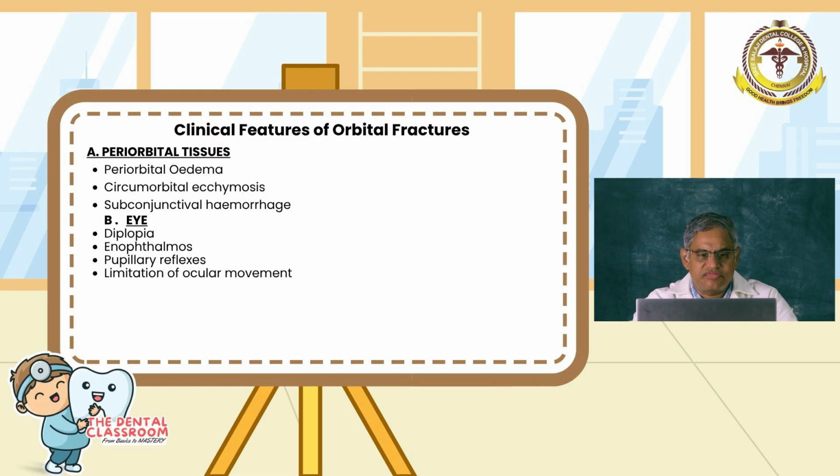Clinical features of orbital fractures: periorbital edema, circumorbital ecchymosis, subconjunctival hemorrhage, and other clinical features in the eye such as diplopia, enophthalmos, pupillary reflexes, and limitation of ocular movement.